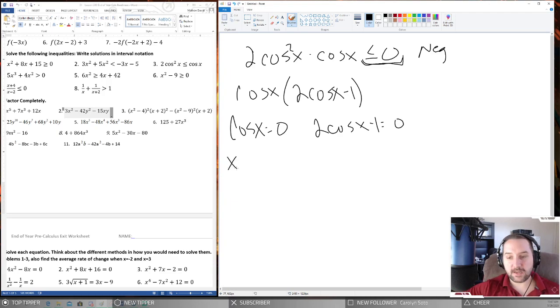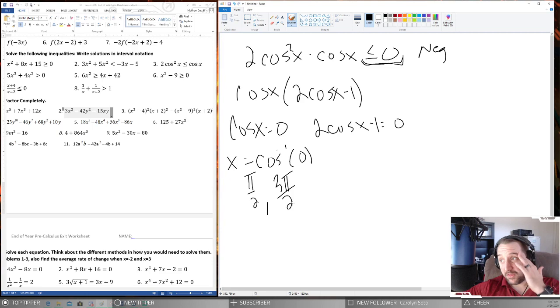If I do cosine inverse to both sides, I get x equals cosine inverse of 0. So where on my unit circle is my cosine going to be 0? That's going to be at pi halves and 3 pi halves. And the thing about this, though, there's no boundary, right?